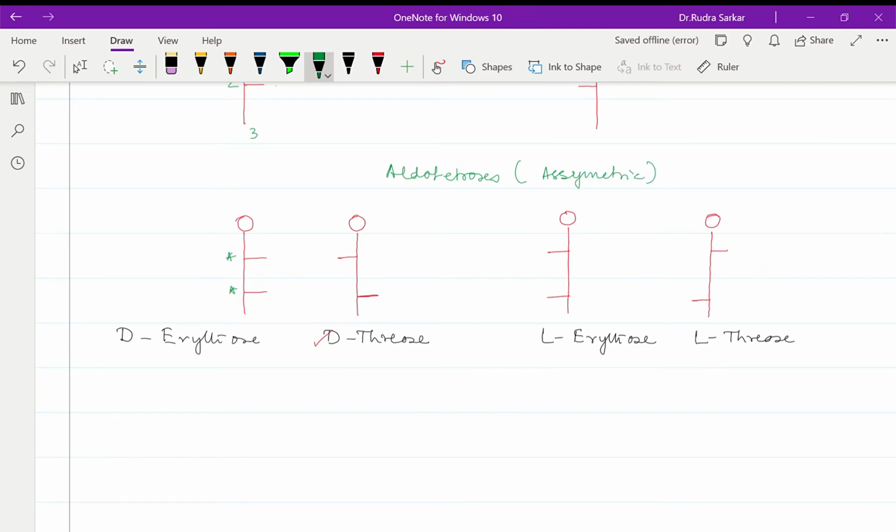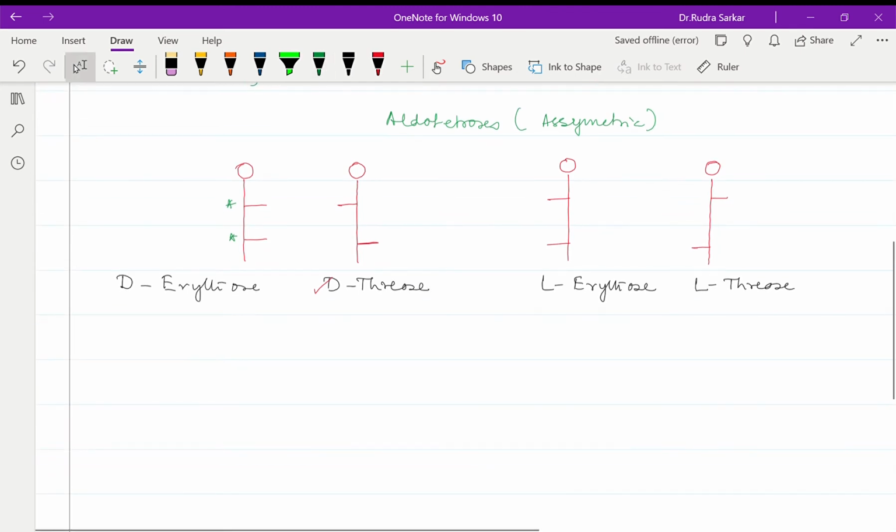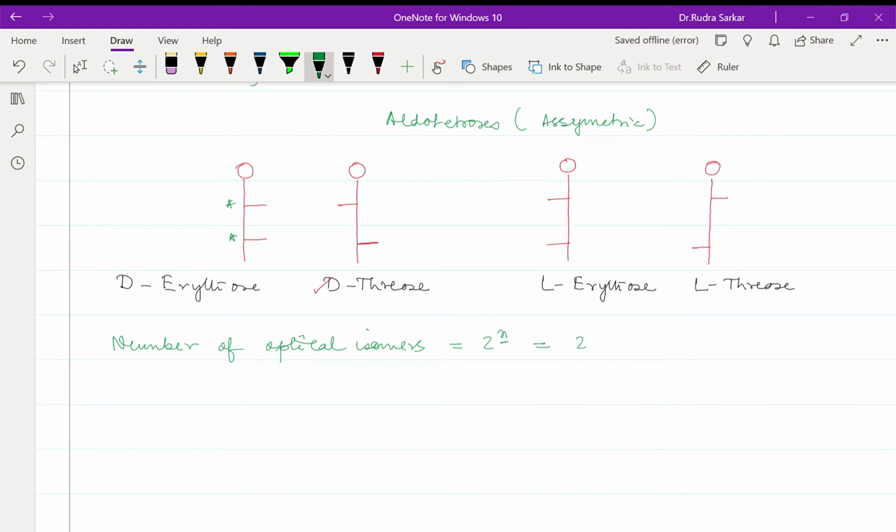So for such a molecule, the number of optical isomers is given by the formula 2 to the power n, where n is the number of stereogenic centers. We can see it is 2, so 2 to the power 2, and in total we get 4 such optical isomers.